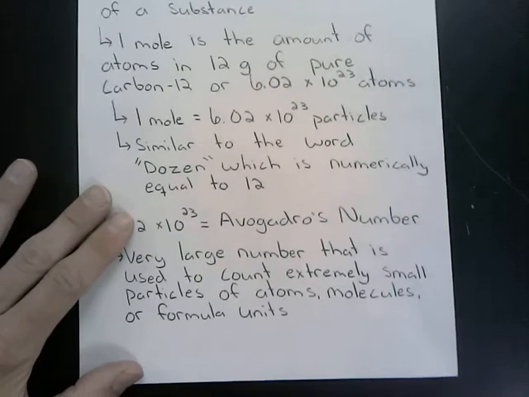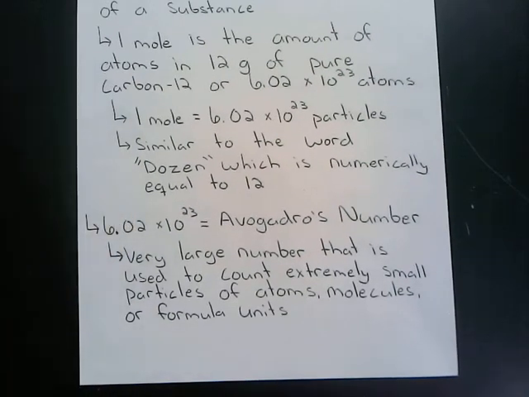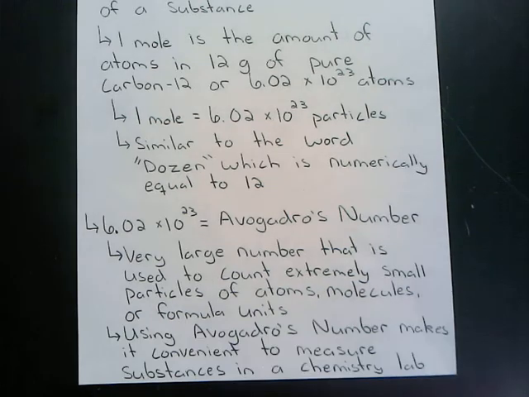It allows us to conveniently measure substance in a chemistry lab. It's not an easy way to count by number of atoms, so if we have Avogadro's number, it makes it a little bit easier for us to count things fairly simply in a chemistry lab.